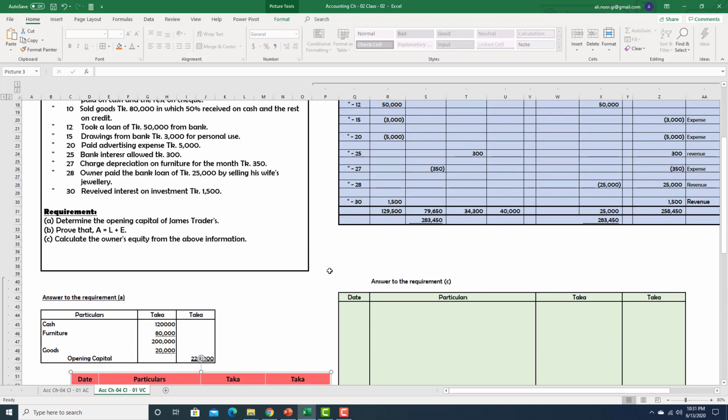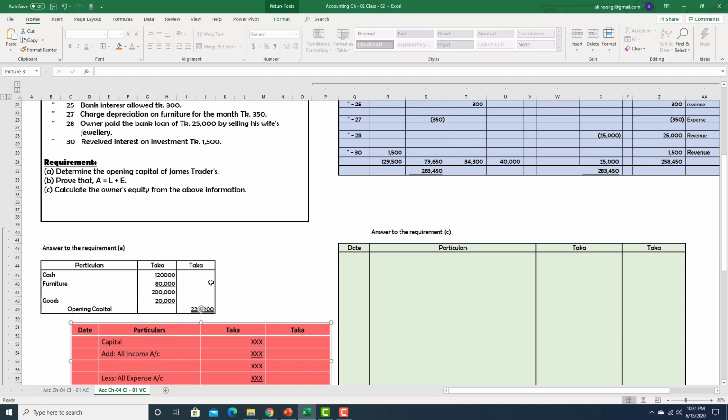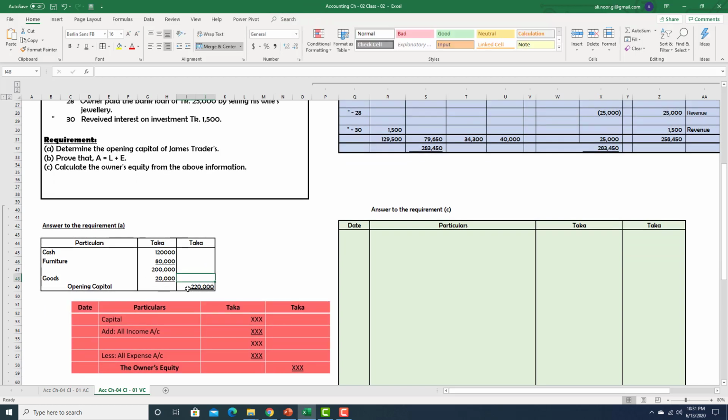So, let's recall from our requirement A that our capital is 2,20,000. So right here, capital, we can write from A, that is 2,20,000.